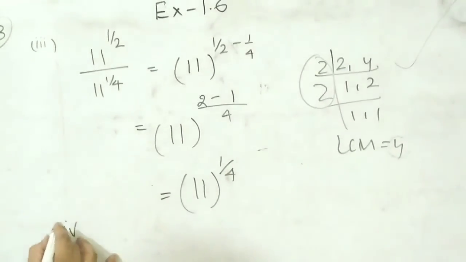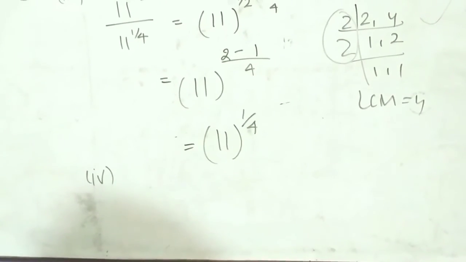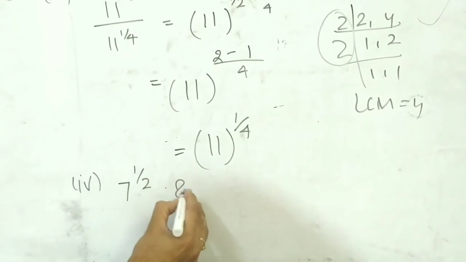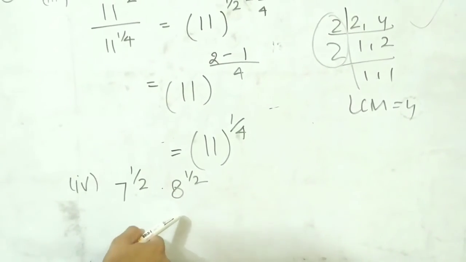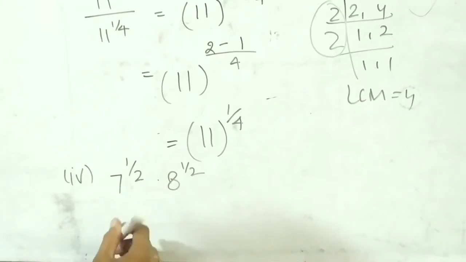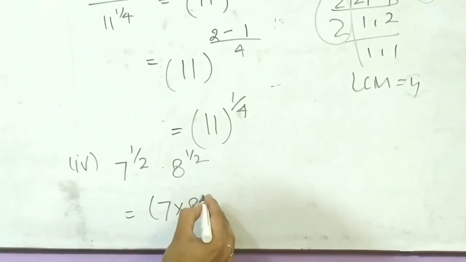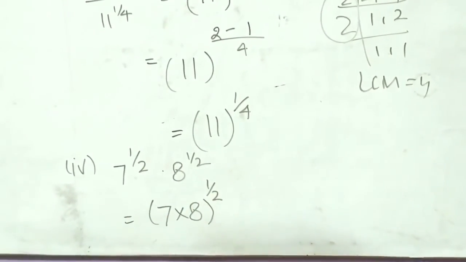Fourth part is, which is the last part of this exercise 1.6, 7 to the power half multiplied by 8 to the power half. Here you can see there is one more formula. When bases are not same but powers are same, then you can keep these numbers in multiplication in a bracket and put the same power on the bracket.